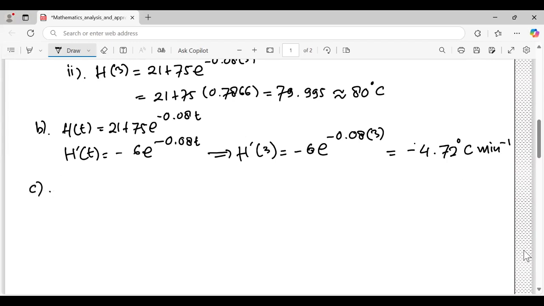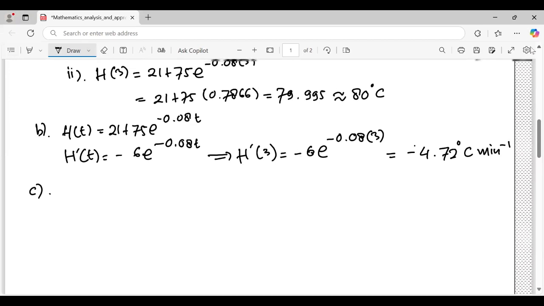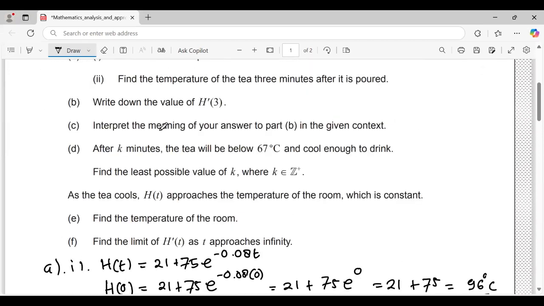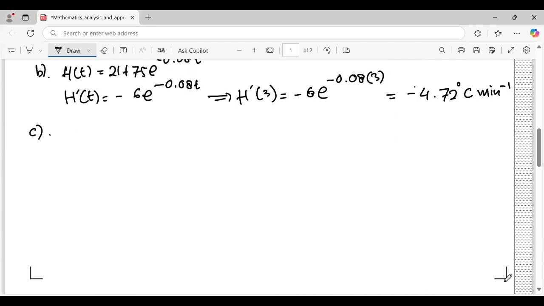C. Interpret the meaning of your answer to part B in the given context. Okay, so 3 valid descriptions in any order.